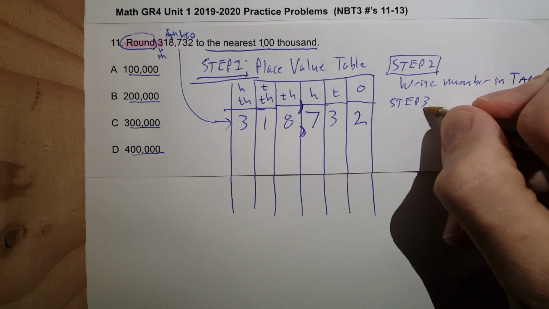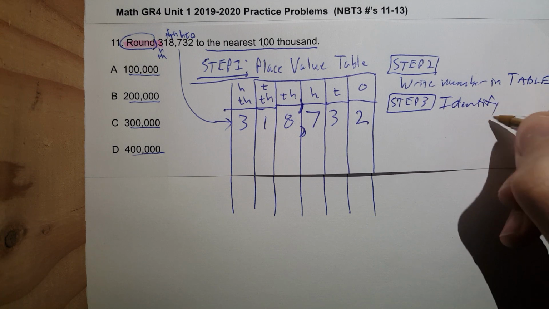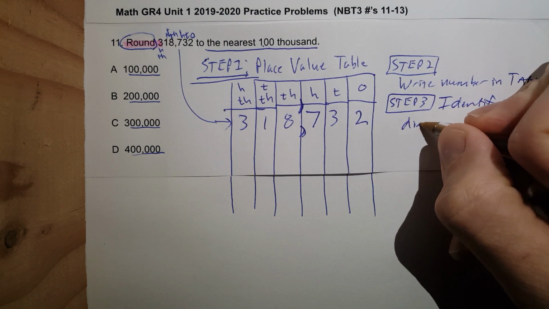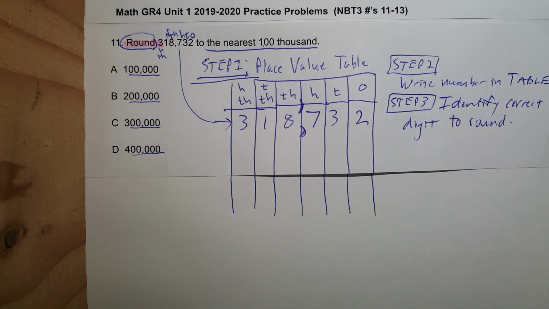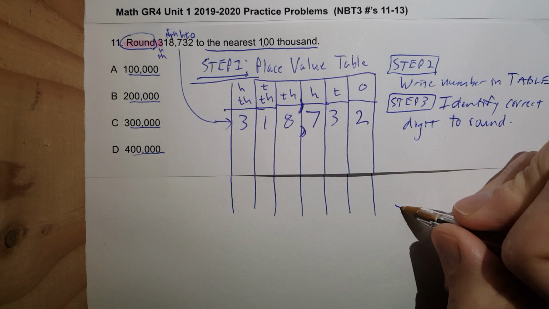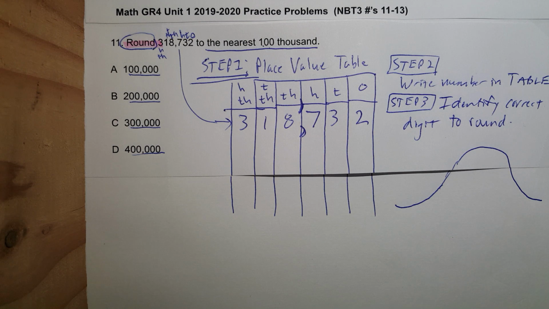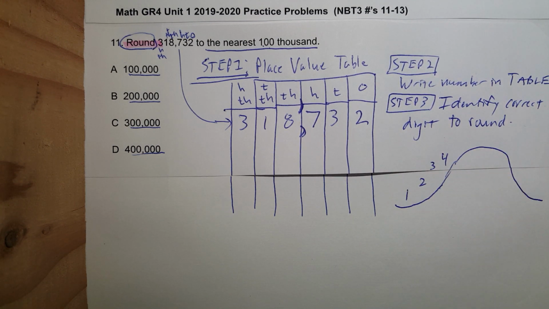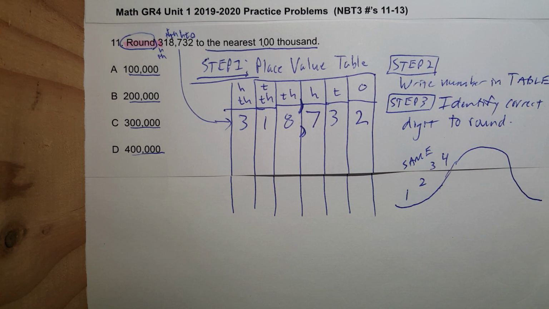Step 3, identify the correct digit to round. Okay, now we did this earlier in the year. I'm going to draw this mountaintop. If the digit is a 1, 2, 3, or 4, it stays the same.